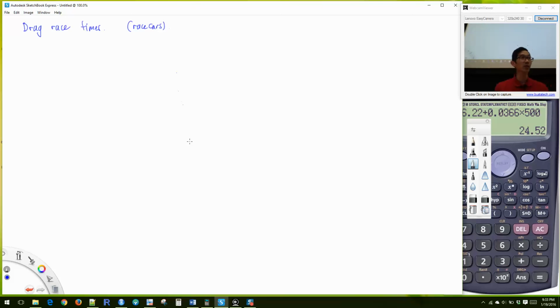And what we are doing is we are measuring how fast they clocked the car to be driving, and their finish time. So our data looks something like this.